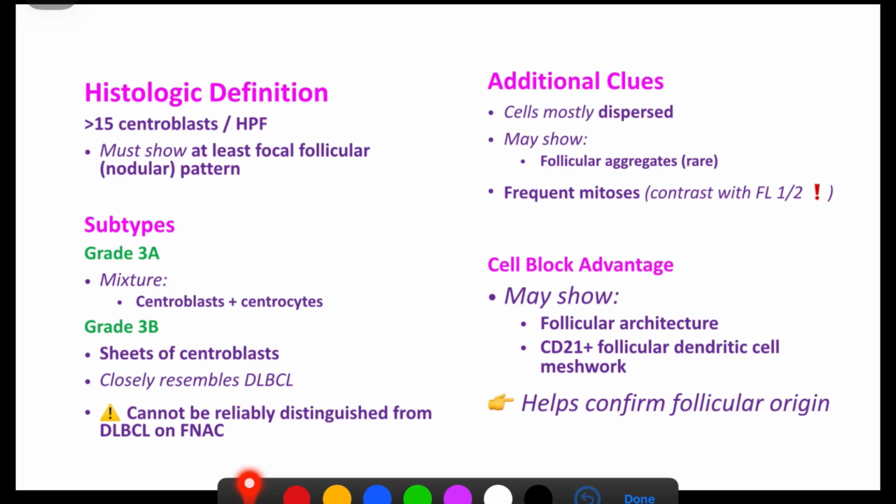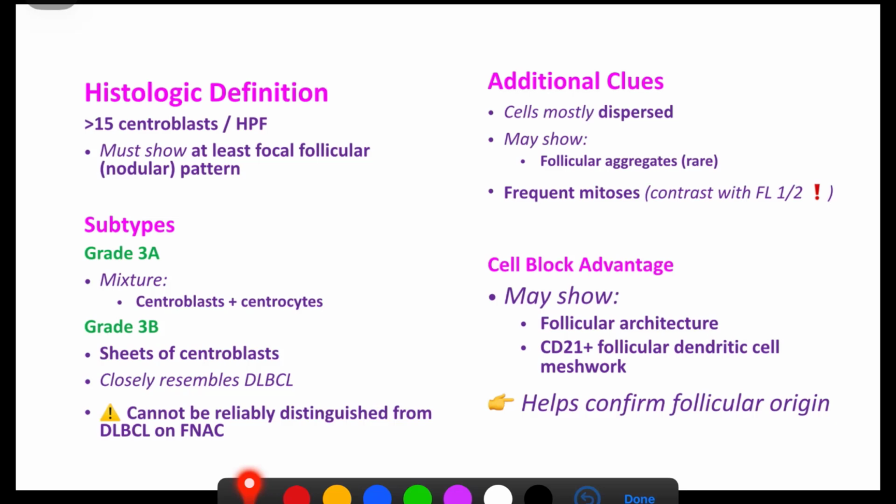3A includes a centroblast and centrocyte mixture. 3B shows sheets of centroblasts and closely resembles DLBCL and cannot be reliably distinguished from DLBCL on FNAC.